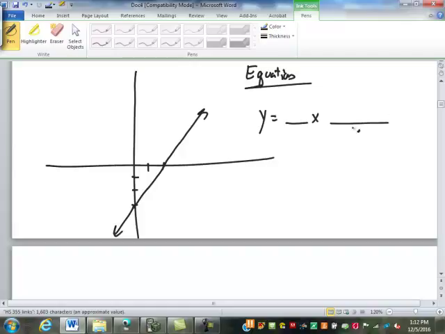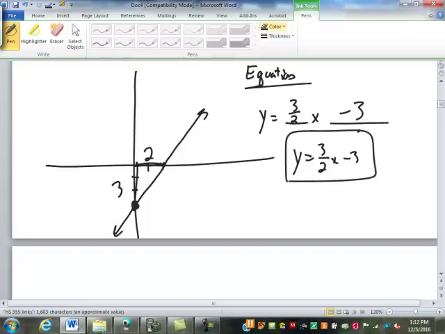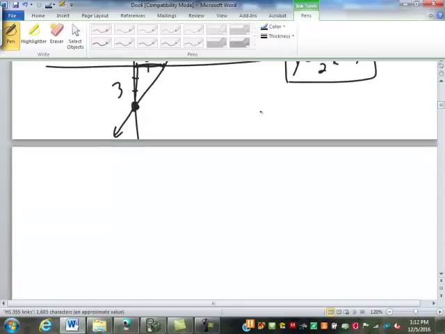Where does this one start at? Negative 3, right? What's the slope? It's 3 over 2, right? Up 3 over 2. So y equals 3 over 2x minus 3. Not so bad? Kind of slick, isn't it?